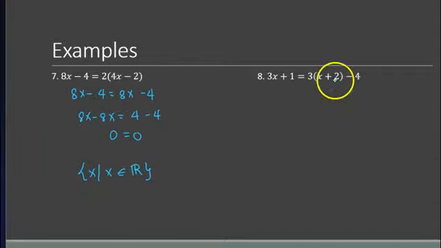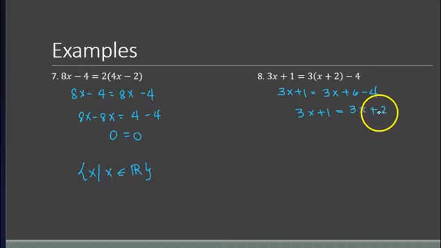Now, if we look at this side, you have 3x plus 1, distribute this, 3x plus 6 minus 4. We have 3x plus 1, and if we simplify this, we have 3x plus 2. So then that will not happen, right? These are the same number, but on one side you're adding 1 and on the other you're adding 2.